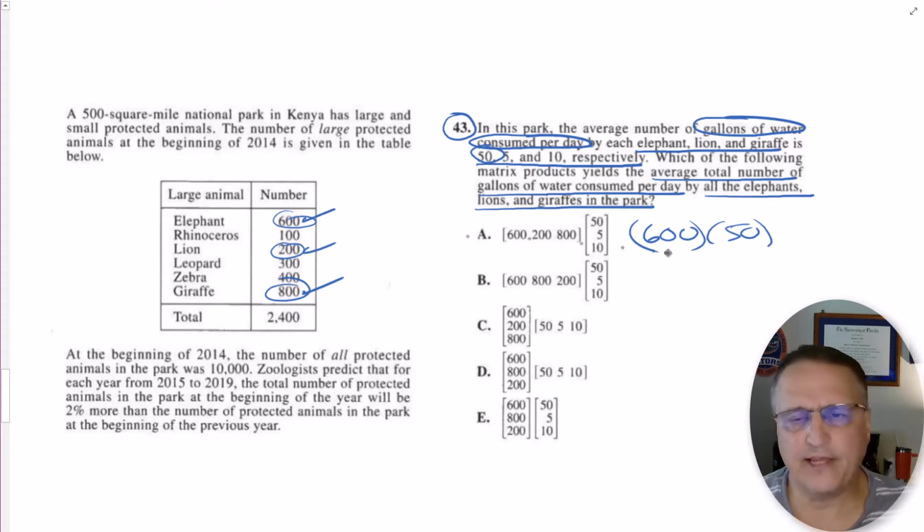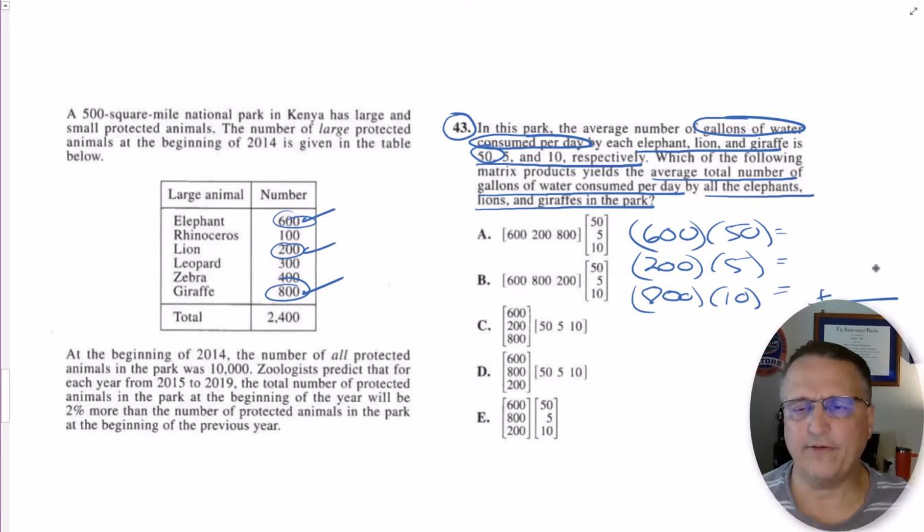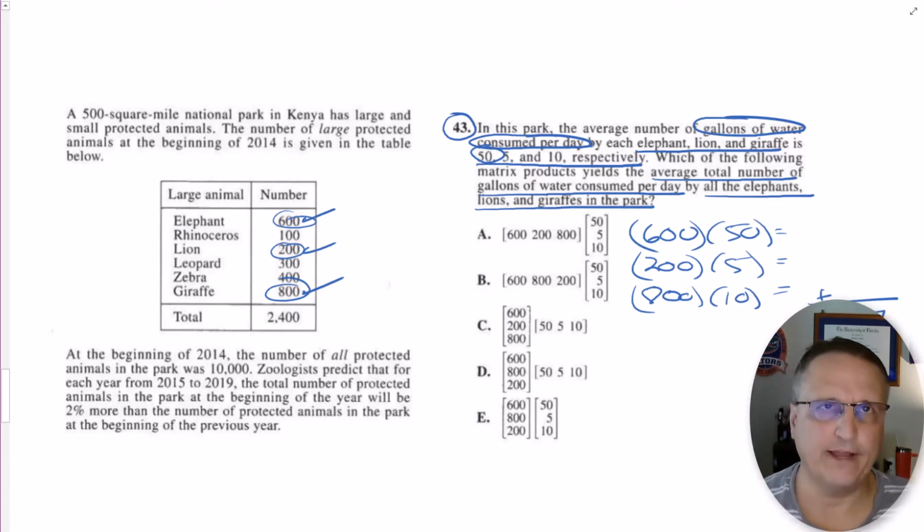For the lions, there's 200 lions, and on average, these lions are consuming 5 gallons per day. Of my 800 giraffes, they are consuming 10 gallons per day. I would do these multiplications, and then add all of those together to get one number that would represent the total number of gallons of water on average consumed per day by those three animals.